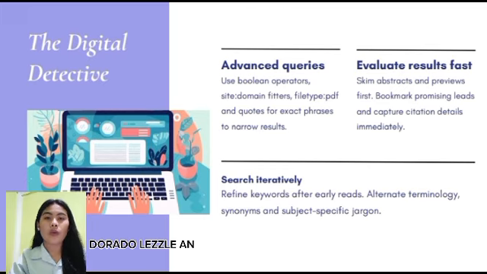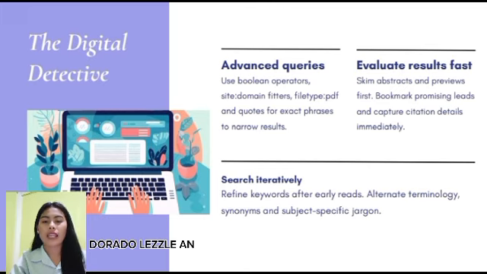So first, what are advanced queries? Advanced queries use Boolean operators, site, domain filters, file type, PDF, and quotes for exact phrases to narrow results. So it means using search techniques to get more accurate results. For example, Boolean operators are the words like and, not, or.